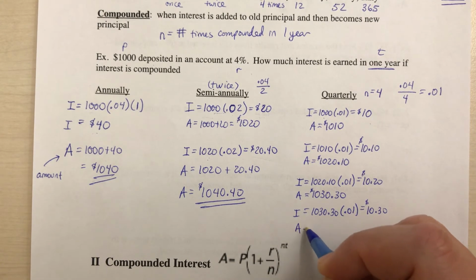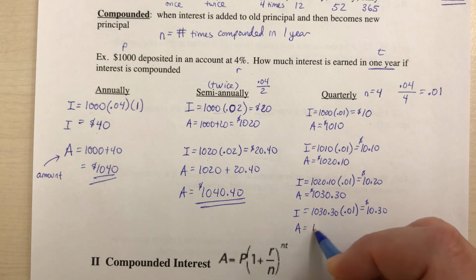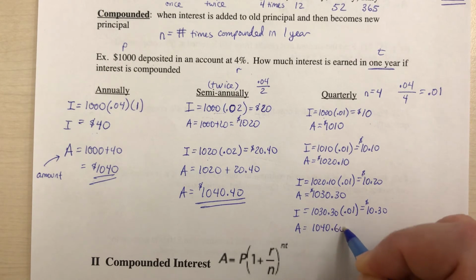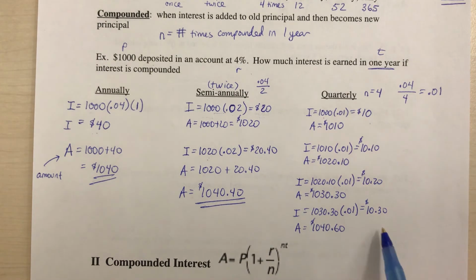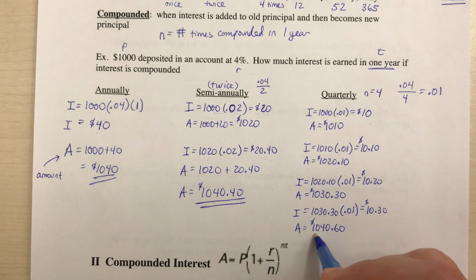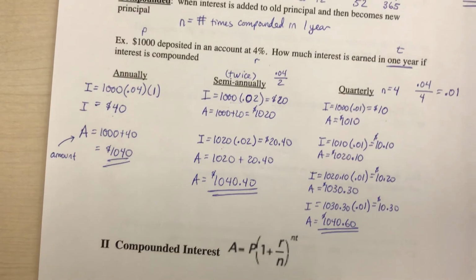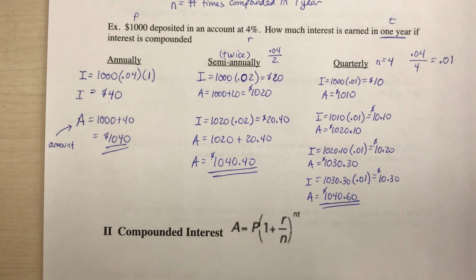And so the total here is going to be 1,040.60. If I kept going, eventually my increase would actually be more than 10 cents. It might actually get up to 11 cents. All right, here's the final amount, $1,040.60.